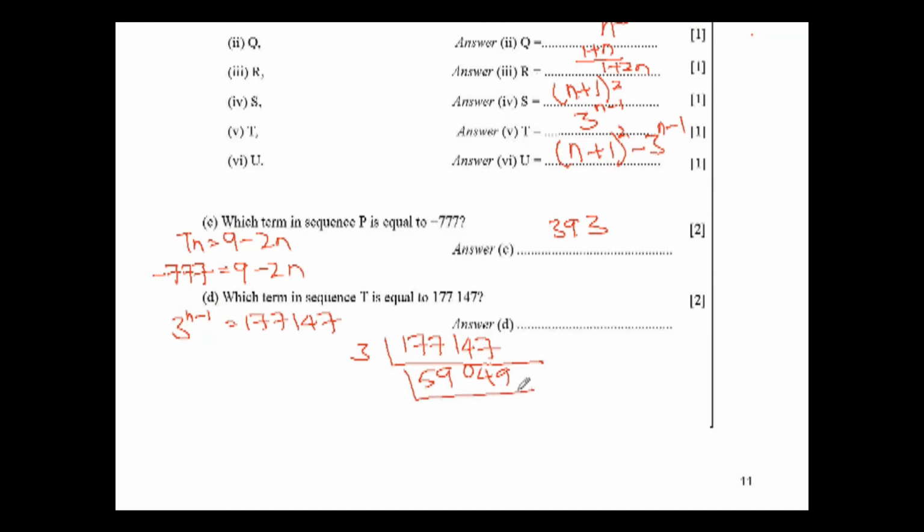If we divide 177,147 by 3, we get 59049. If we divide this number by 9, we get 6561. We divide by 9 again, we get 729. We divide by 9 again, we get 81.